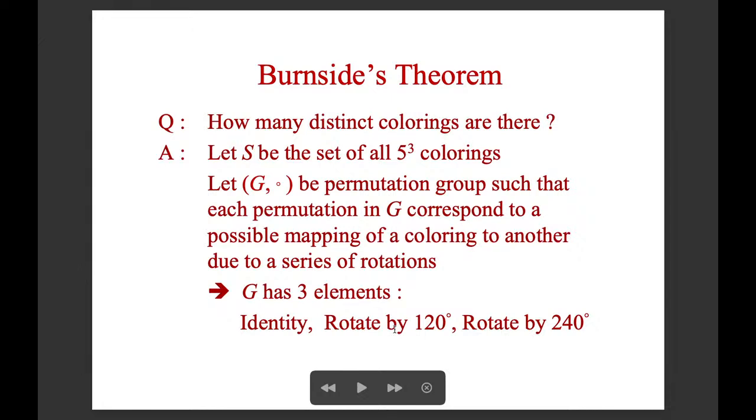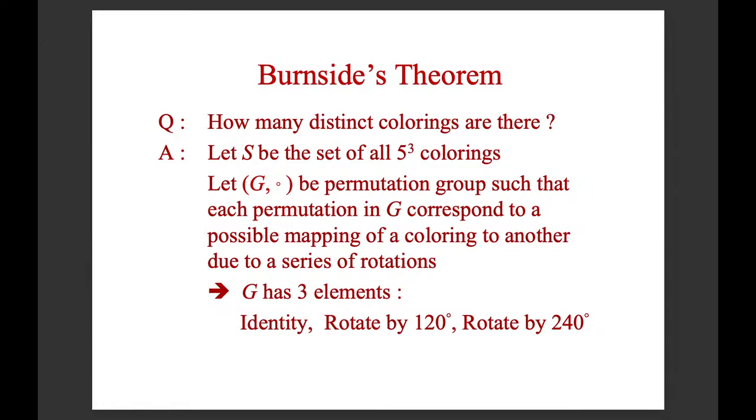But for rotation by 120, we want an item such that after rotation by 120, it is still the same. So when can this happen? This can only happen when all the vertices are colored in the same color. So you can have the case of red, red, red, because after rotation by 120, it is still red, red, red.